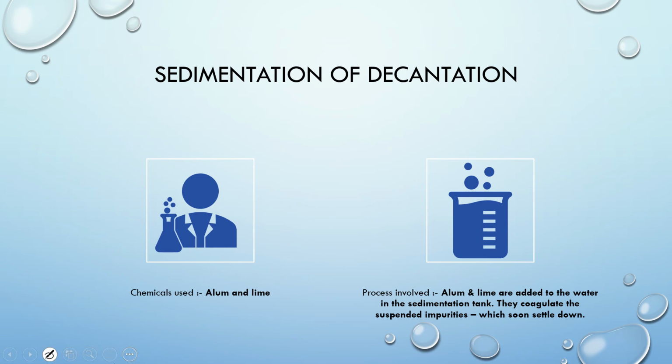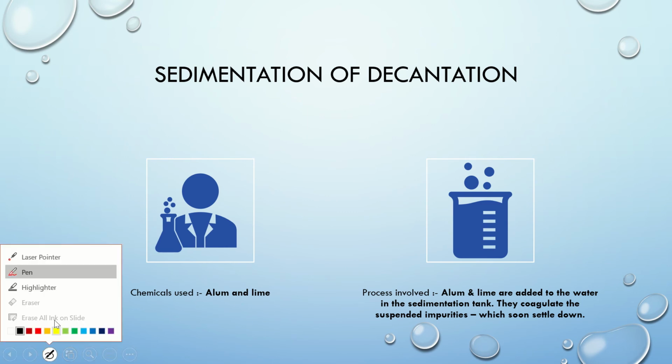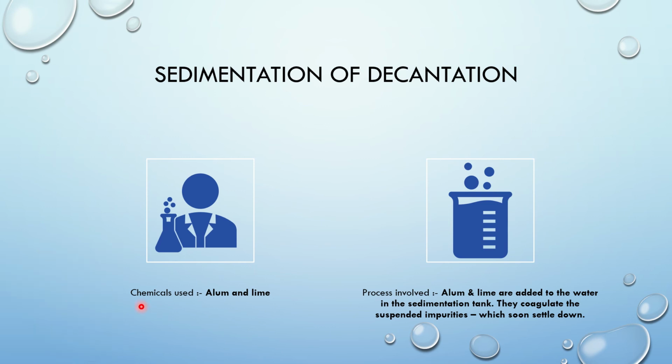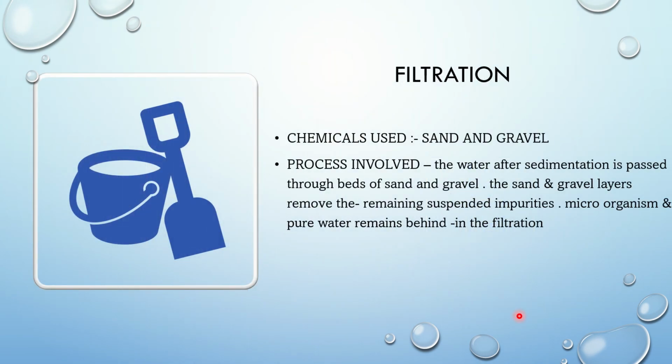As I told you, they'll be using even alum to do that. Alum and lime are added to the water in the sedimentation tank. Then they coagulate the suspended impurities, which soon settle down.